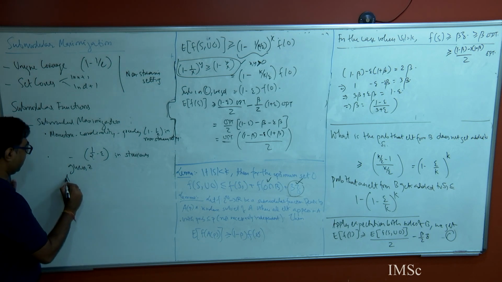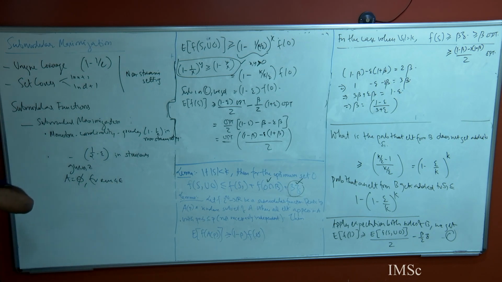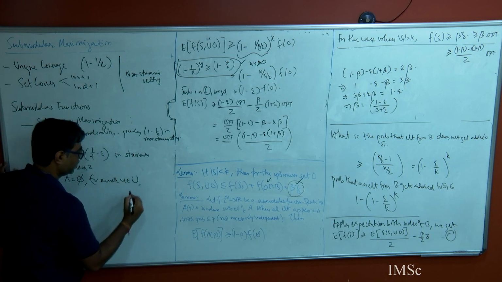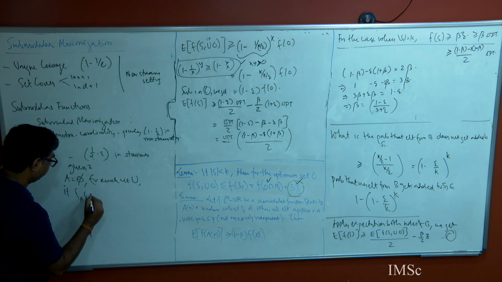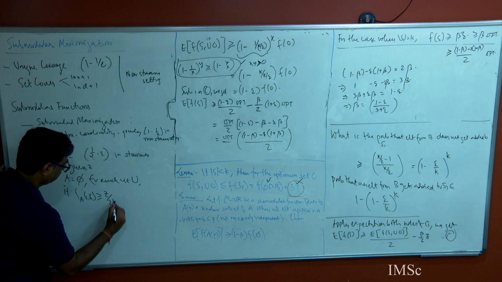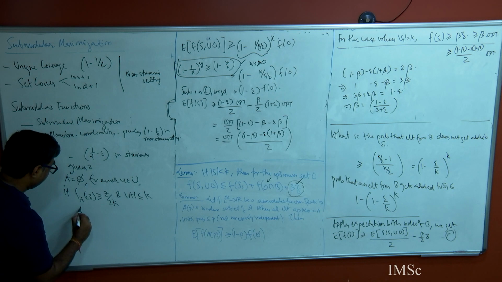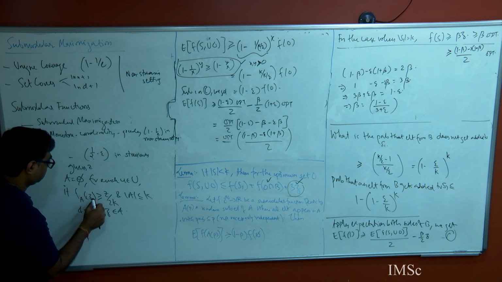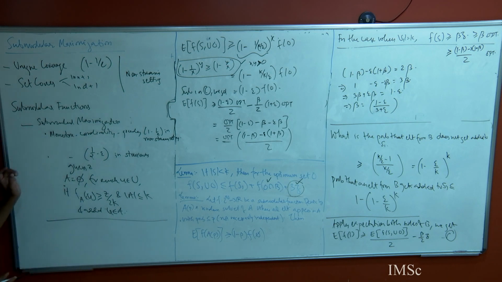In the beginning we had A equal to the empty set, and for each u in U, if the marginal gain of adding u was more than z over 2k and the size of A was less than or equal to k, we added u to A. This simple algorithm gave half minus epsilon.